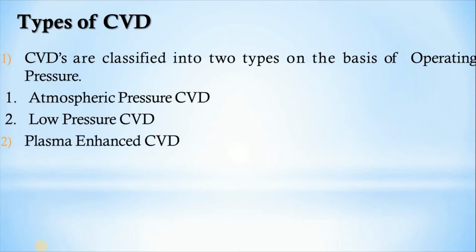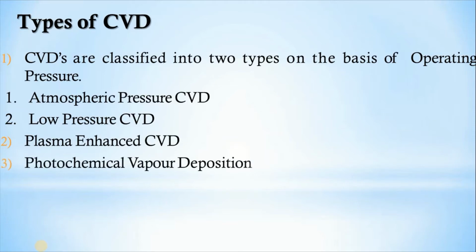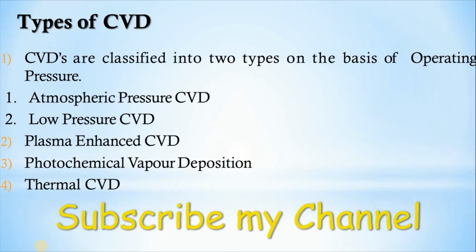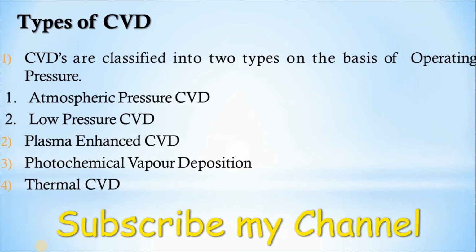Then plasma enhanced CVD, photochemical vapor deposition and thermal CVD. So these are the types of CVD. One by one we are going to see how they operate and what the conditions are to use these types of CVD.